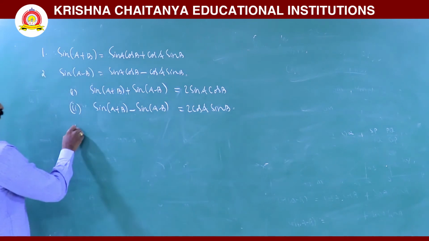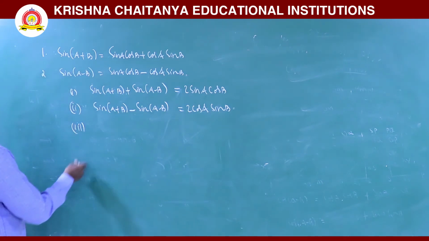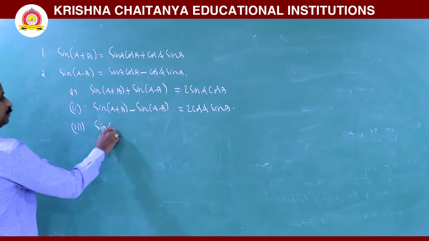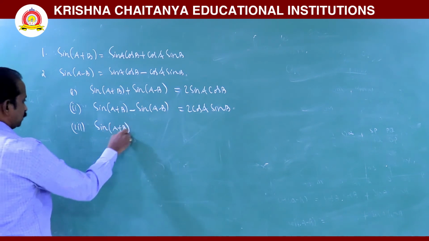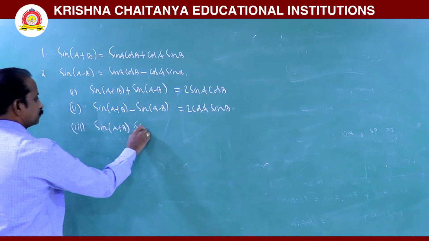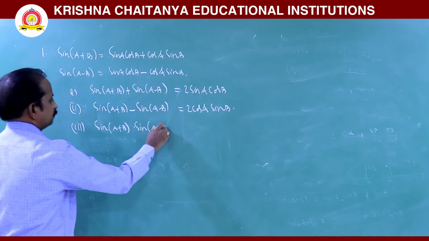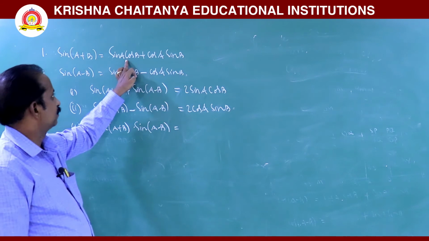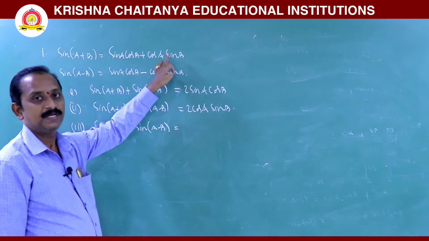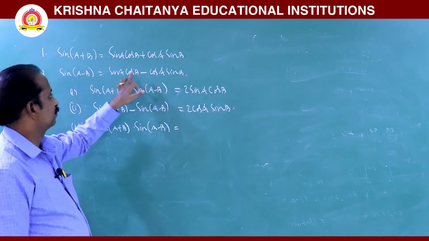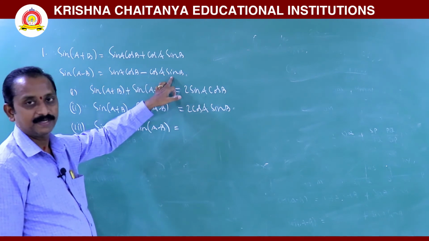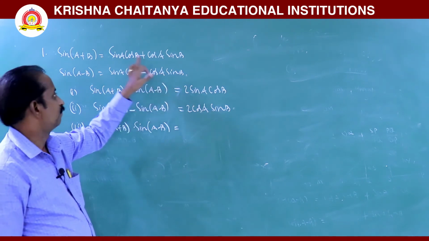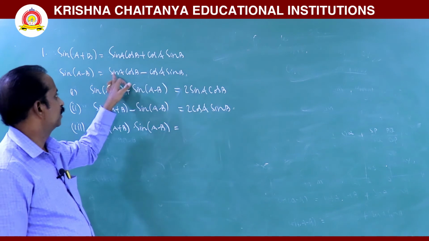Next, consider the product sin a plus b into sin a minus b. That means (sin a cos b plus cos a sin b) into (sin a cos b minus cos a sin b). So, indirectly it is in the form (a plus b) into (a minus b).